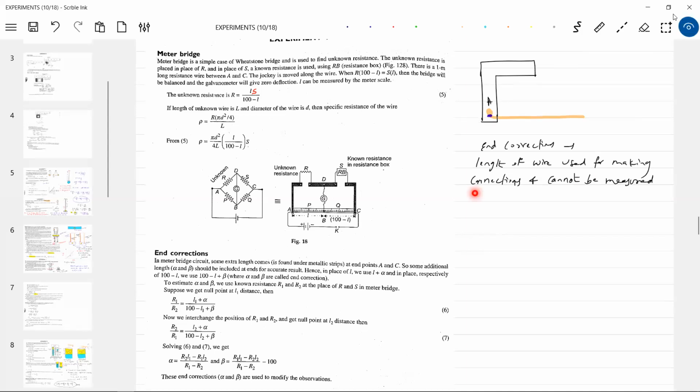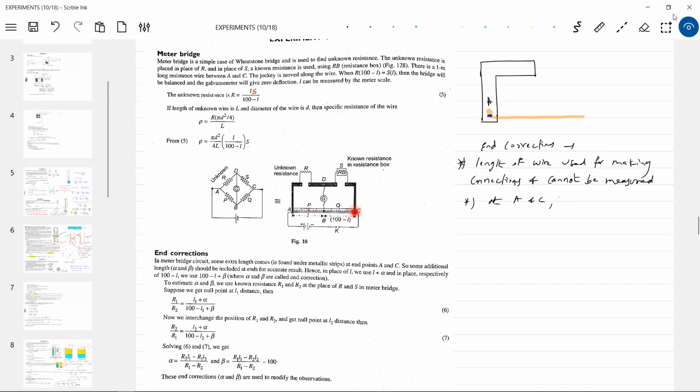Okay, I agree. So that's the meaning of end correction. At A and C we are not measuring. Not at D and C.